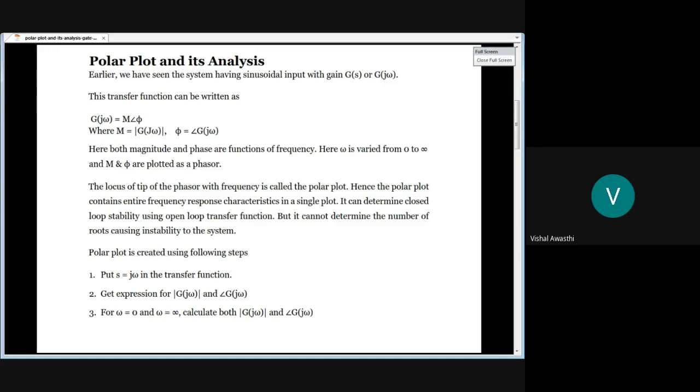We can represent that signal into its amplitude, frequency, and phase. In a similar manner, we have a magnitude plot and phase plot in the Bode plot. But drawing two plots to get the stability is a slight limitation of the Bode plot.